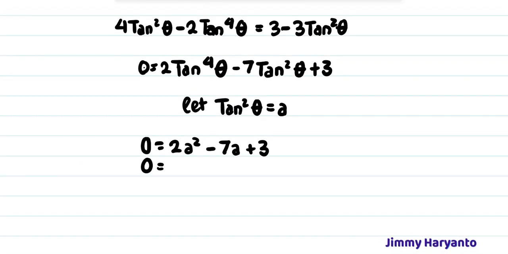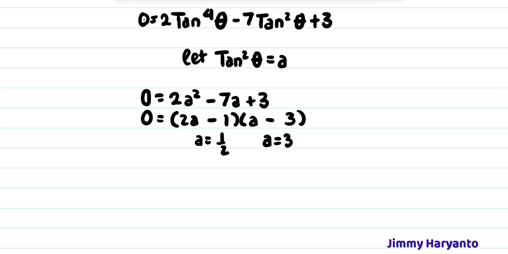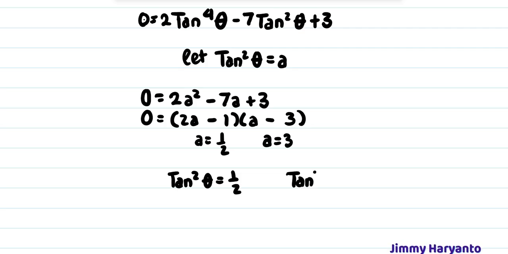Then we can factorize this like this, 2a and a, 3 and 1, minus and minus. Let me double check it. Yes, that's correct. a equals half and a equals 3. Revert the a into tangent square theta like this. Tangent square theta equals 3.